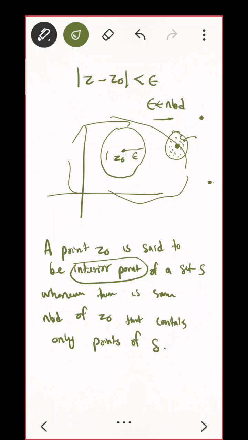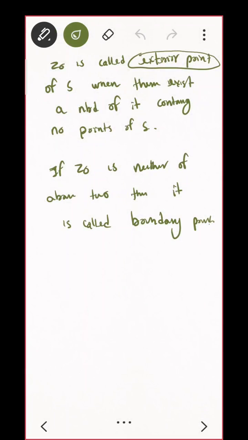And when do we say a set is open? Can you define open set? What do you mean by open set? If a set contains all its interior points, then it is called open set.